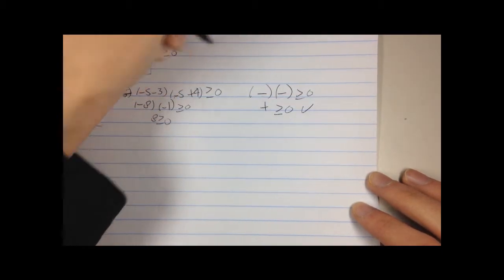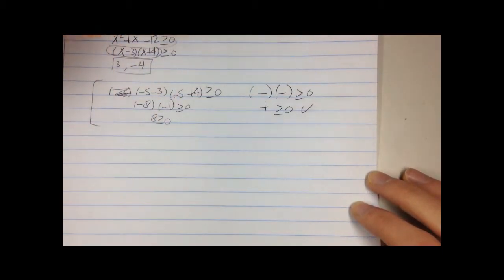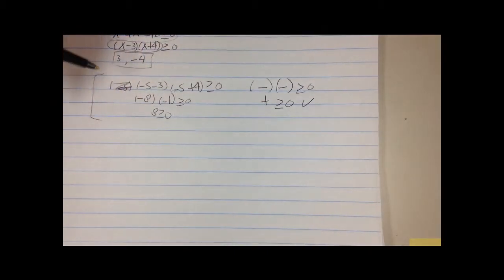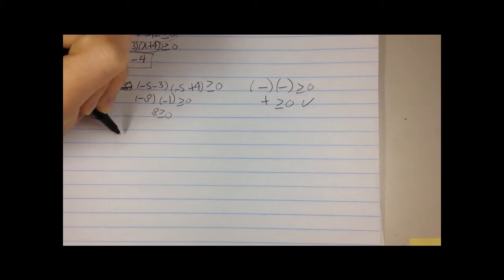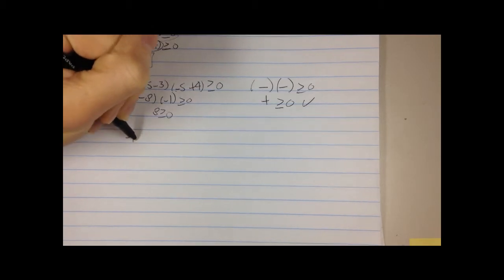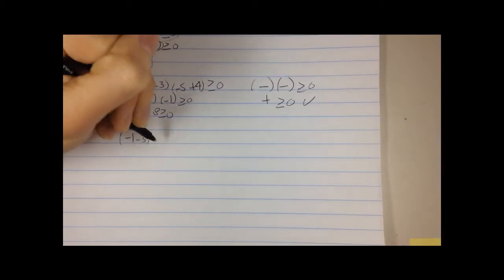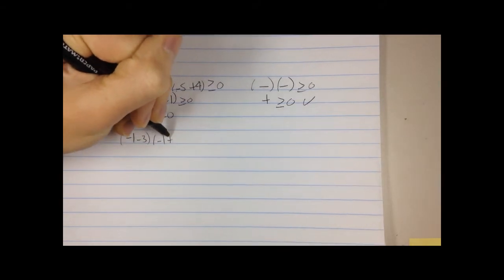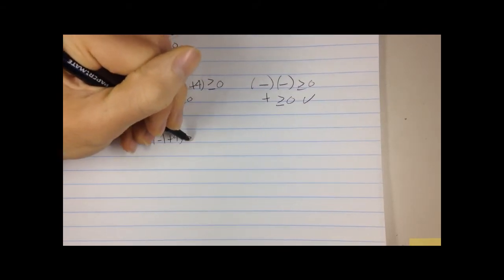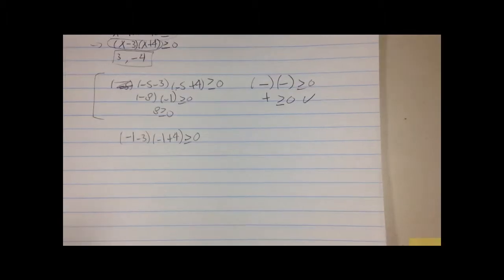So that works there. So let's test out 1. So 1, when we plug it in to this right here, we're going to get 1 minus 3 times 1 plus 4 is greater than or equal to 0.